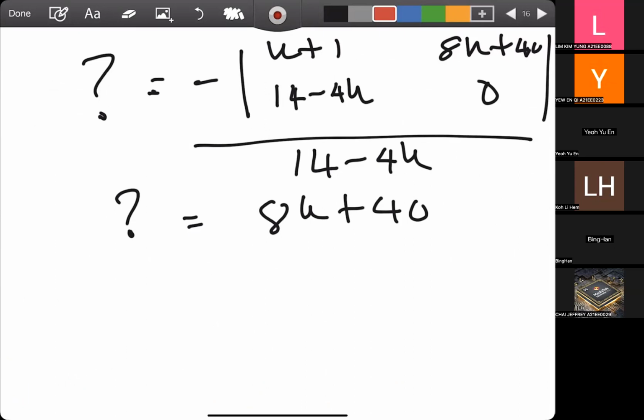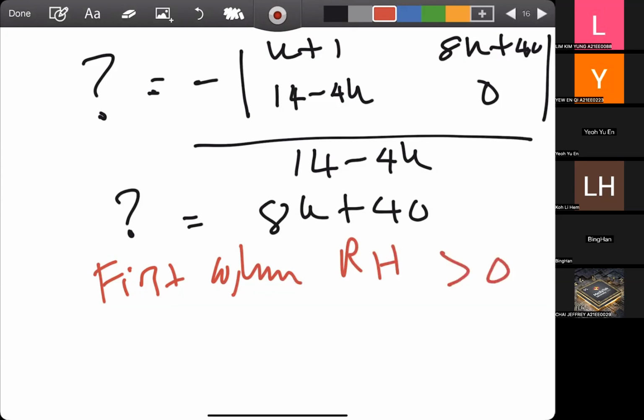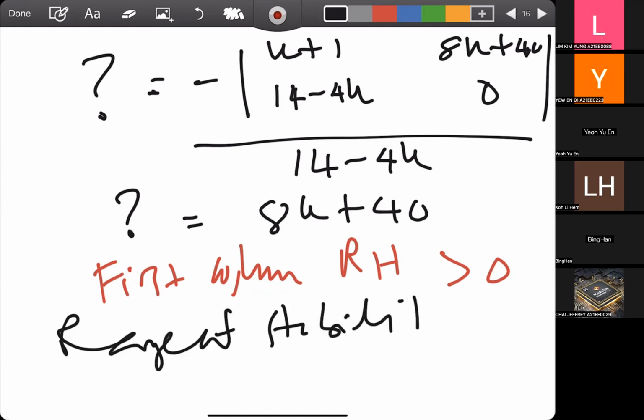So for the first column, the Routh-Hurwitz entries must be greater than 0, positive. Okay. So find the range of stability. So the range of stability from the first column is 0 less than K less than 3.5.